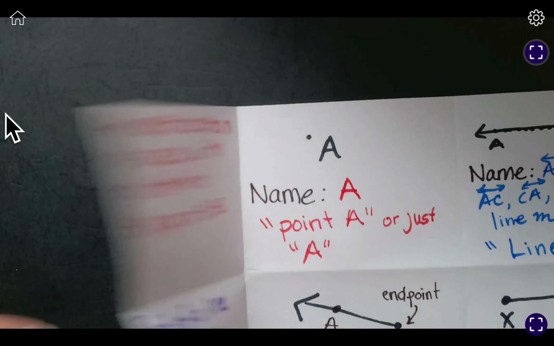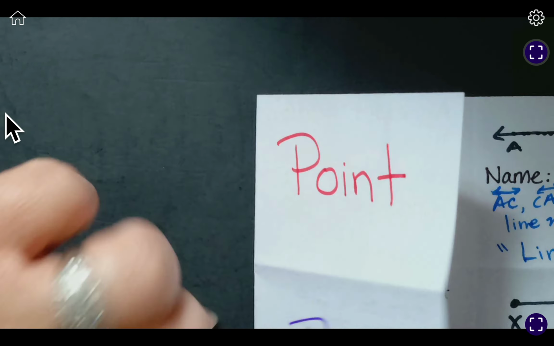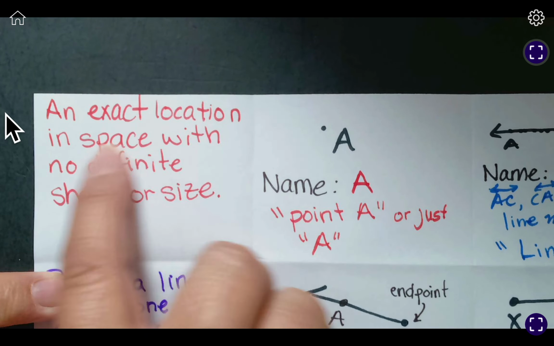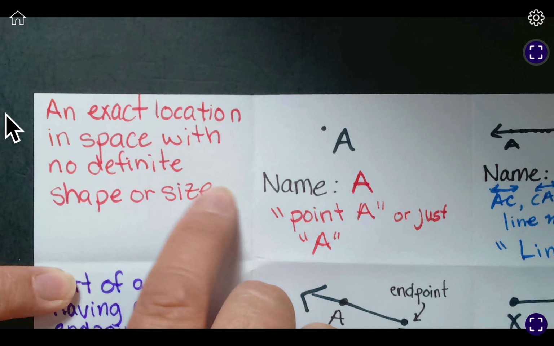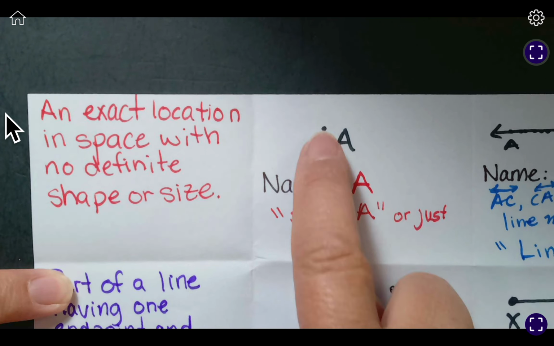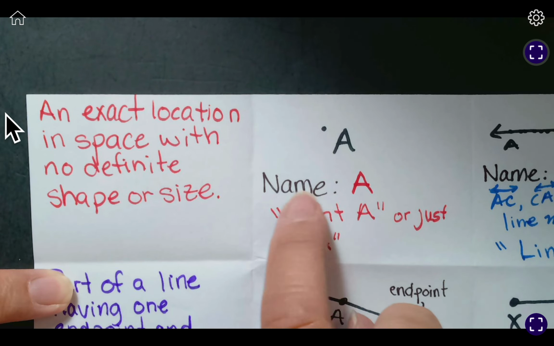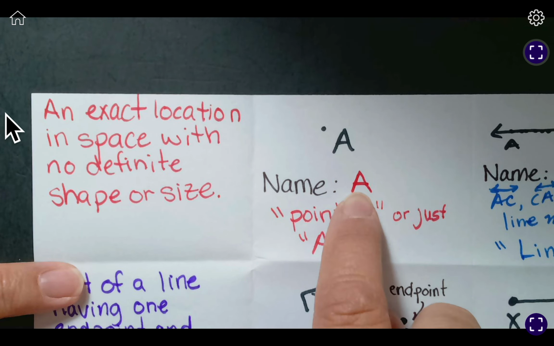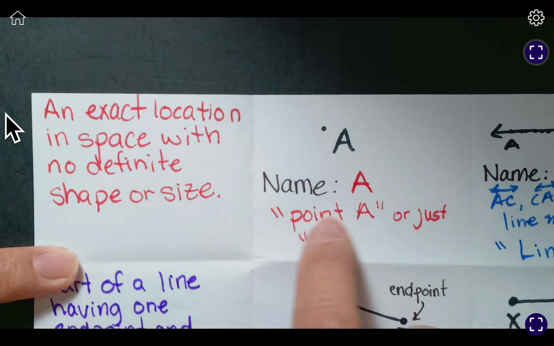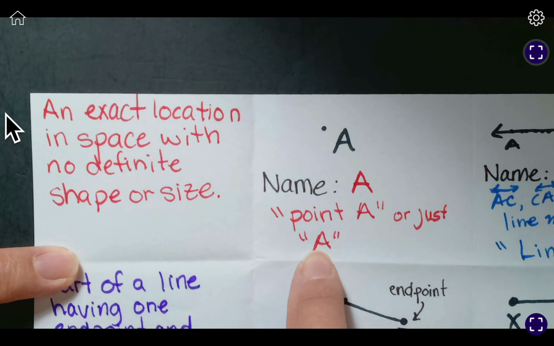Okay, so this is point, an exact location in space with no definite shape or size. That's your point, and usually you label it. The name for when you write it, you just write a capital letter A and you say point A, or you can just say A.